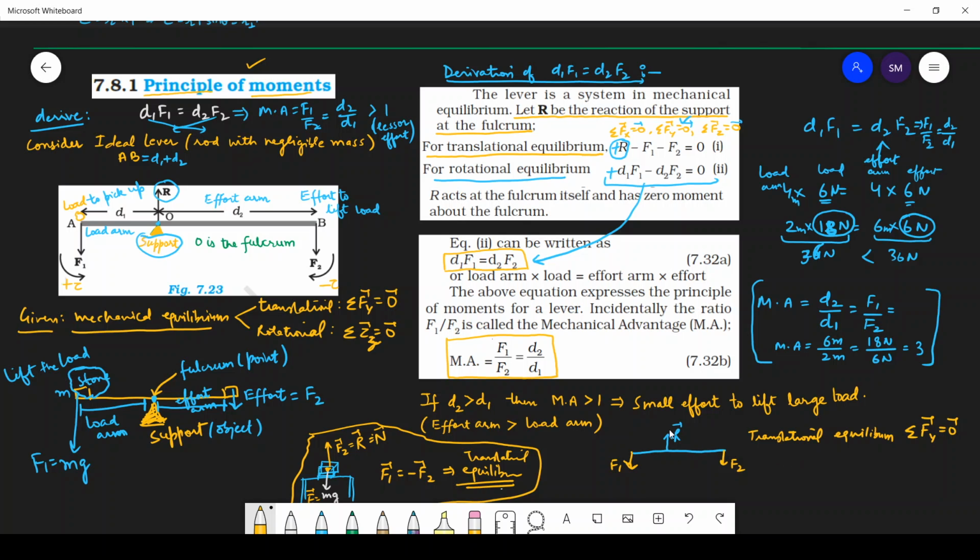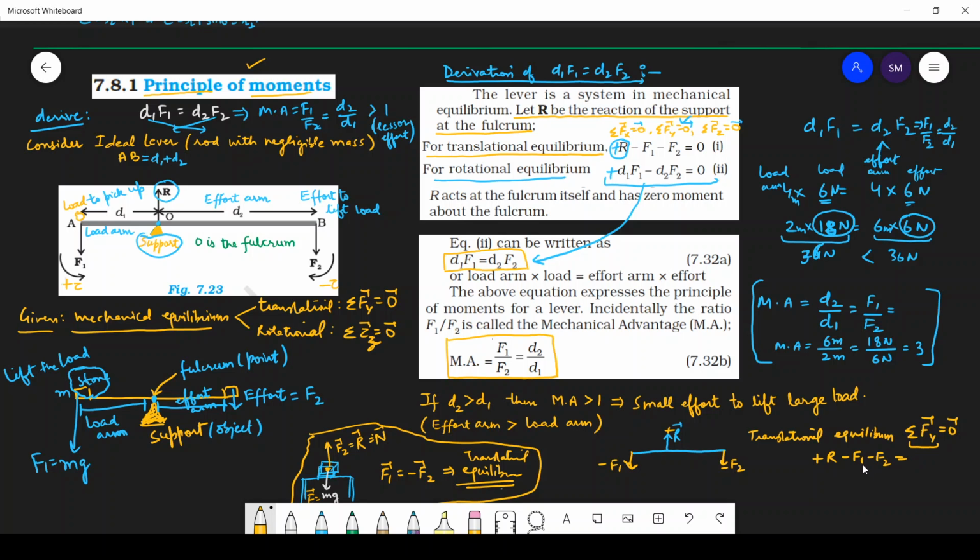Upward direction I am taking positive, and downward direction negative. So sigma Fy is plus R minus F1 minus F2 is equal to 0. I am using the signs plus and minus to take the effect of direction.